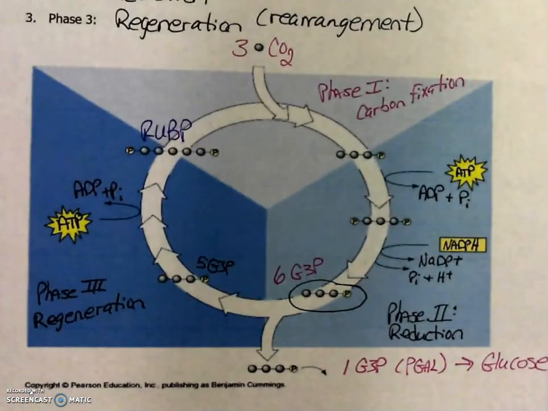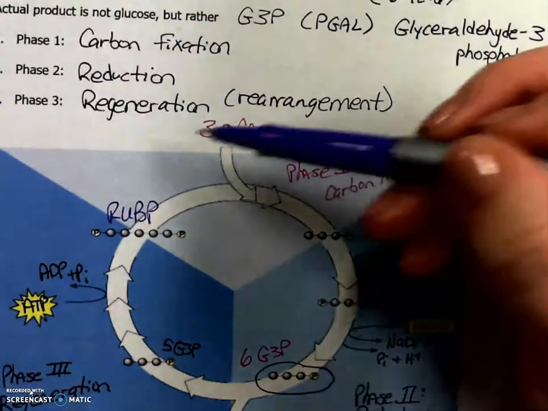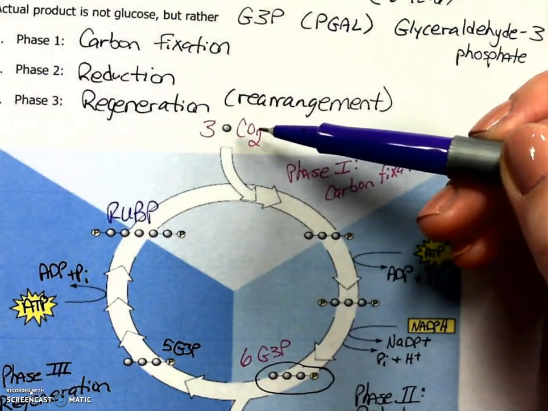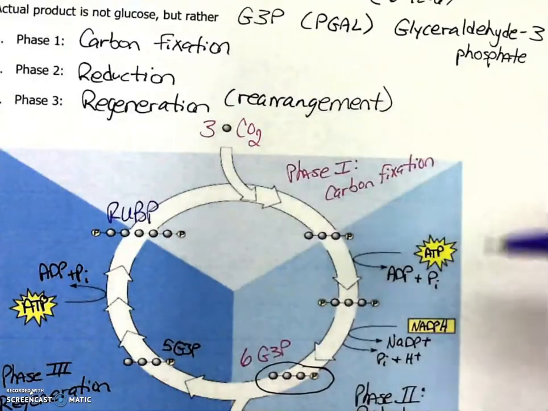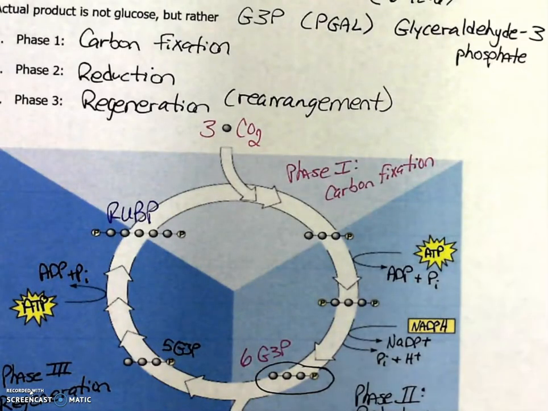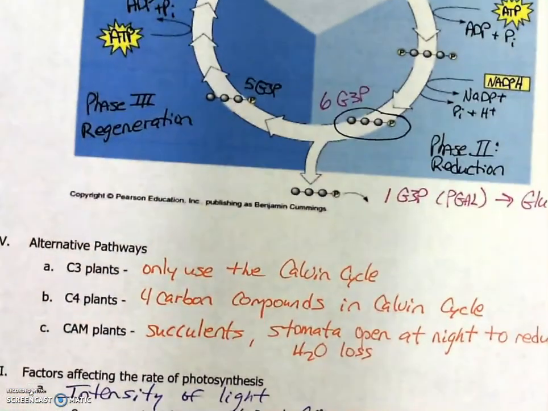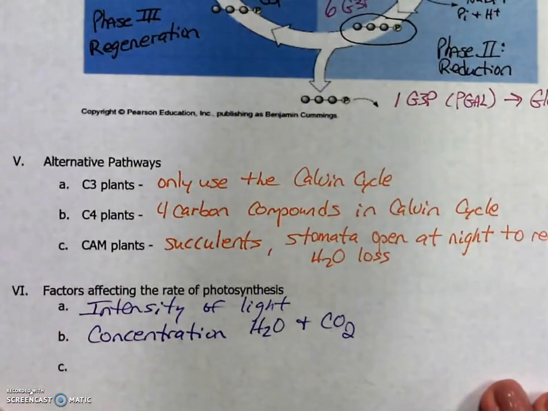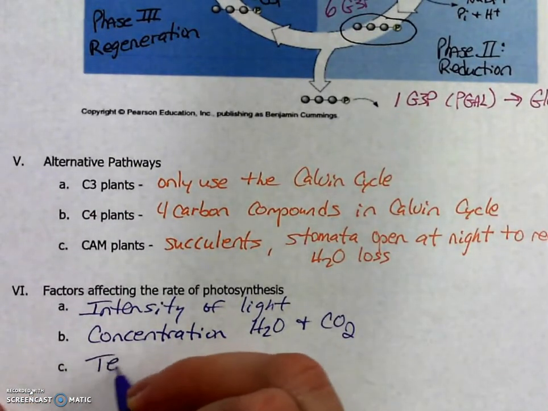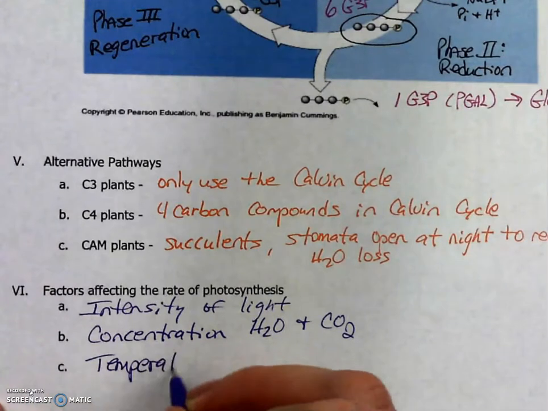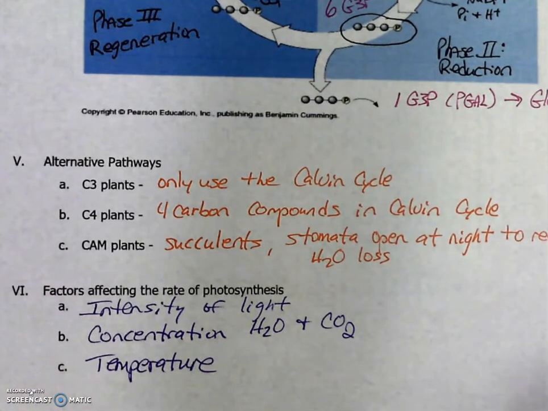This reaction will not go until there are 3 CO2 molecules, and then it will enter this and start the Calvin cycle. So it does depend on the amount. And temperature. Temperature is another defining factor in how quickly or how slowly photosynthesis takes place.